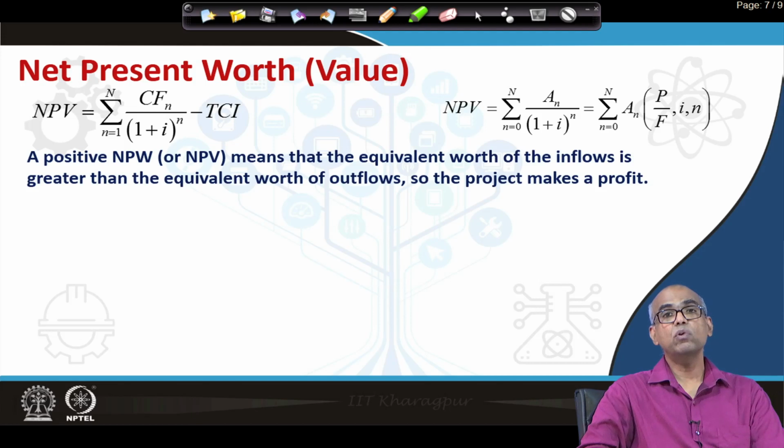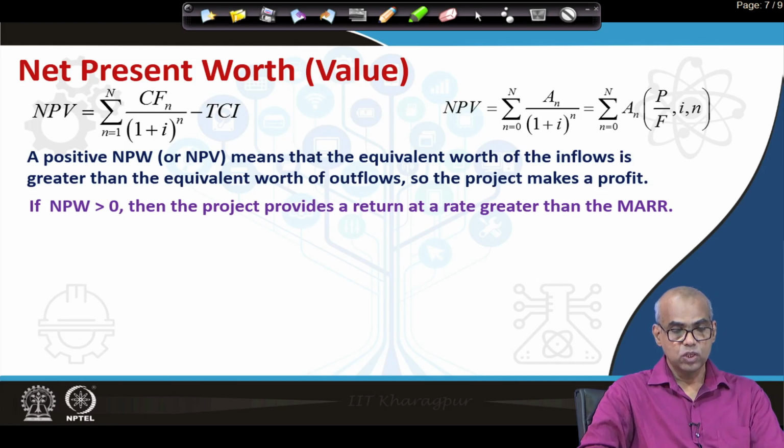If NPV value is equal to 0, then inflows match outflows. So, it is indifferent. Now, if NPV is greater than 0, it means that the inflows are greater than the equivalent worth of outflows. So, the project makes a profit and it is acceptable.